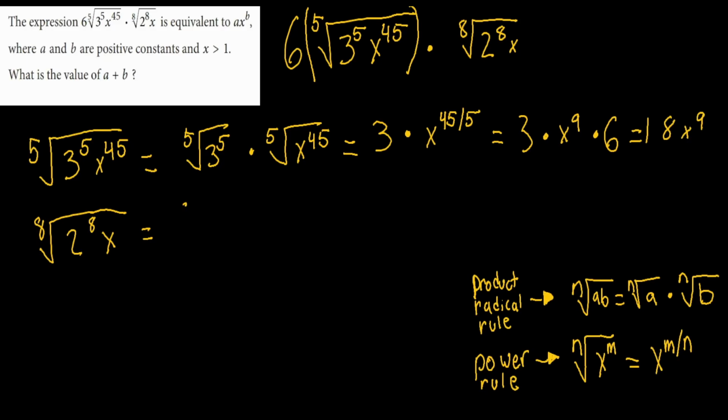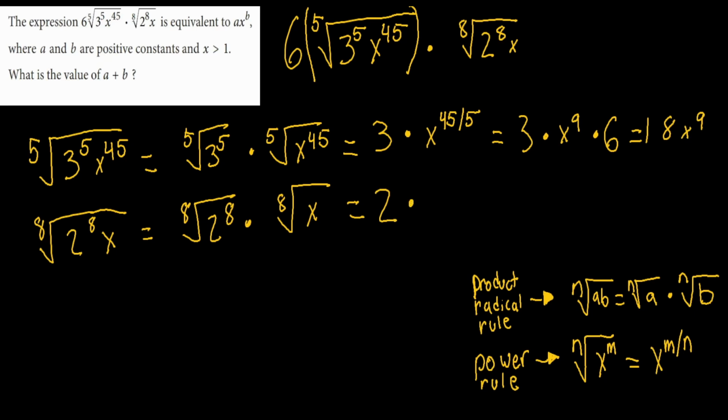So it's then going to become 2 to the power 8/8 times the 8th root of x. And all this is really going to equal is the same thing as before, as we saw above. This became 3. This now becomes 2.